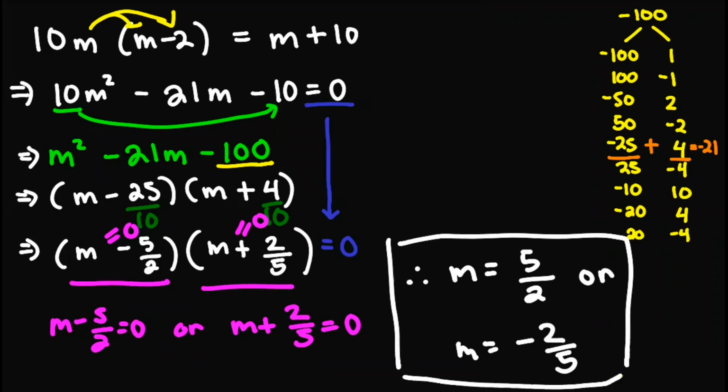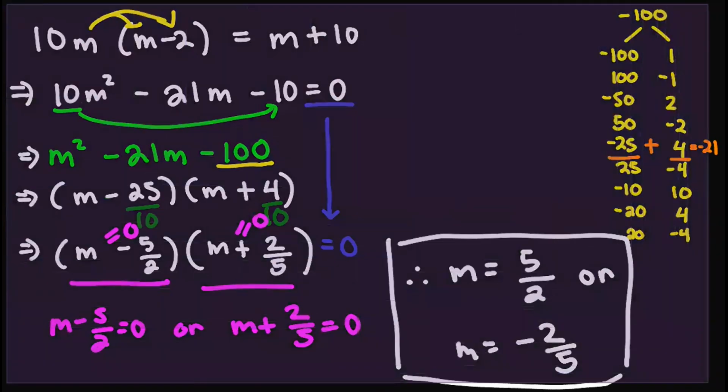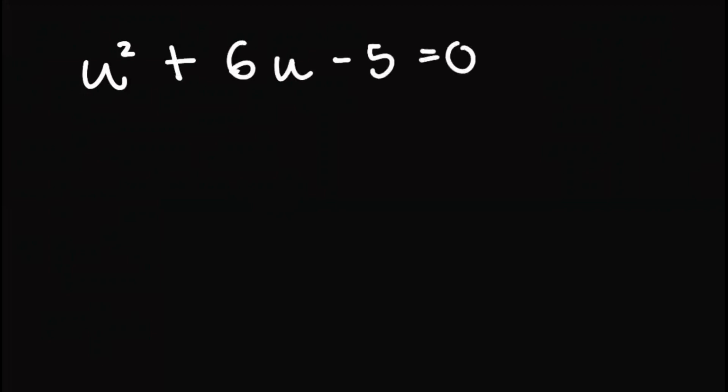Although this is the last example, I want to leave you with something that you can think about. What if we have, say, u squared plus 6u minus 5 equals 0? You might think that to solve this, we simply apply how we factor quadratic trinomials.